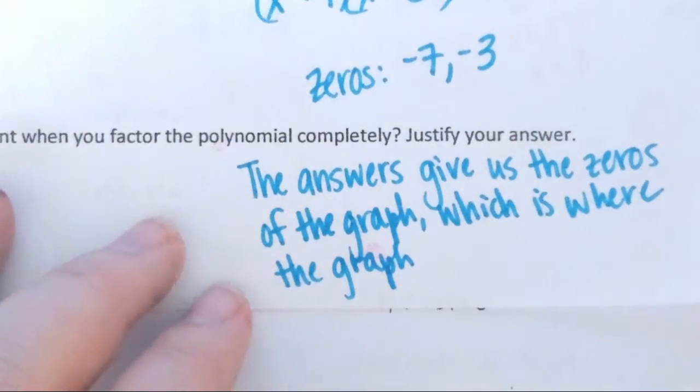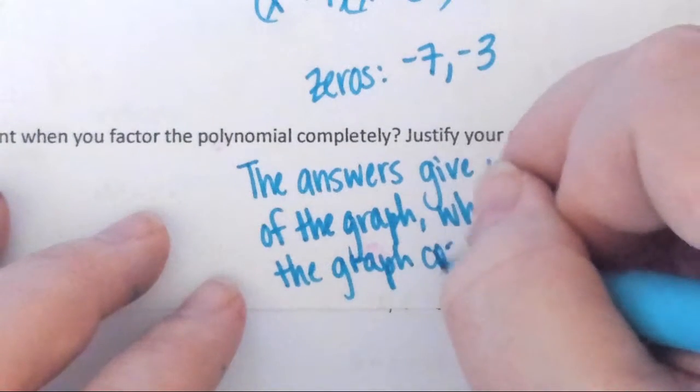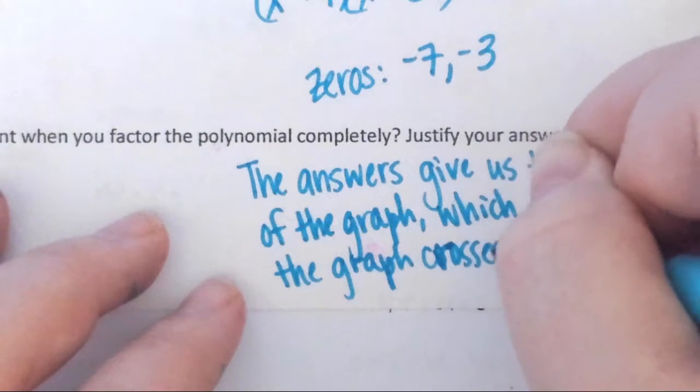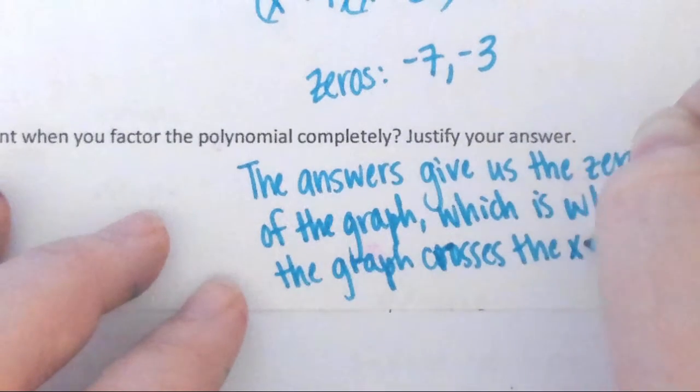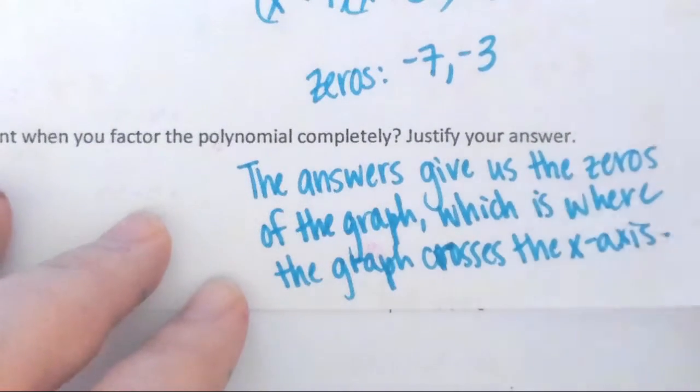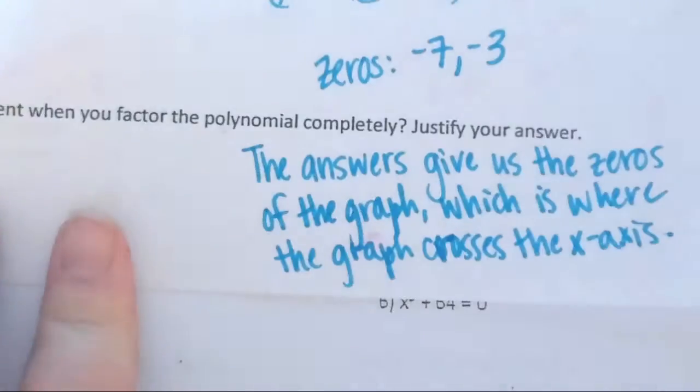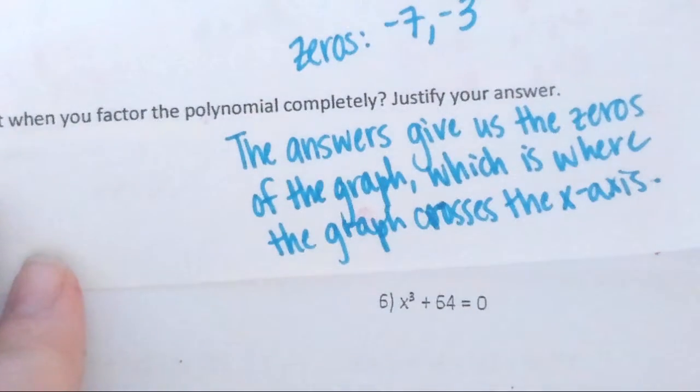What are zeros? Where the graphs touch the x-axis. Crosses. Thank you. I heard it from Angel, so we'll give it to her. The x-axis. Okay, I am smarter than this. Woo. The answers give us the zeros of the graph, which is where the graph crosses the x-axis.